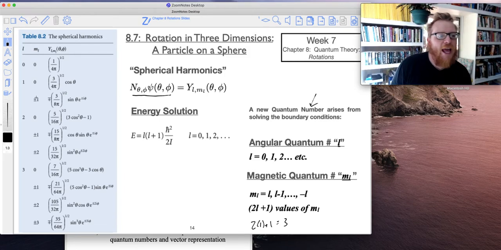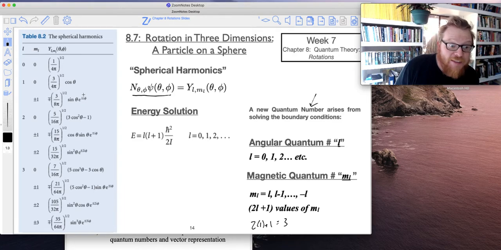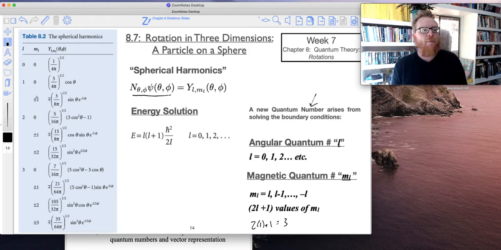So for example, when M_L is plus 1, so the notation of this is kind of weird, the function starts as negative square root of 3 over 8 pi sine of theta e to the positive i phi. When M_L is equal to negative 1, the function becomes positive square root of 3 over 8 pi sine of theta e to the negative i phi. Okay, so keep that in mind when you're noting these functions.